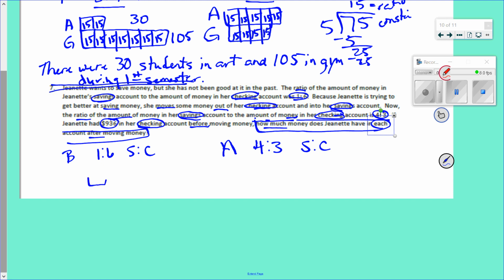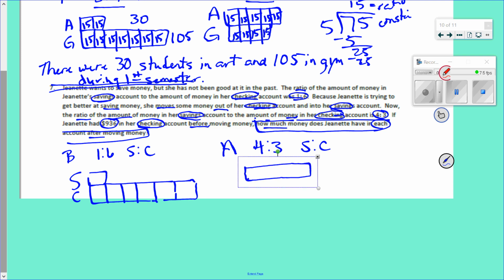So setting up my tape diagram, I have 1 box to 6 boxes. Oops, that should be S for savings and C for checking. Afterwards, now it's a lot more balanced. We're at 4 to 3. And that again is savings to checking.